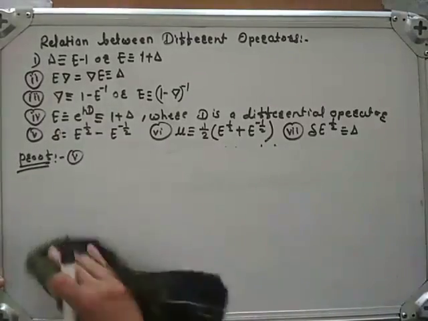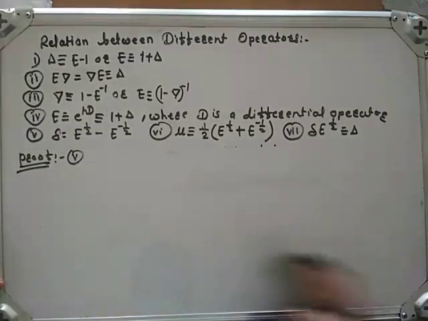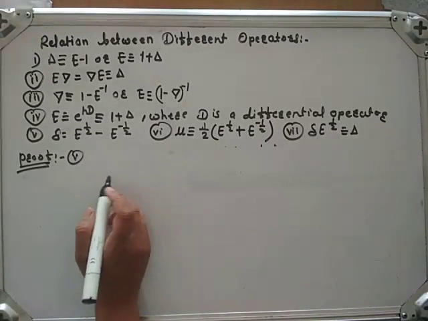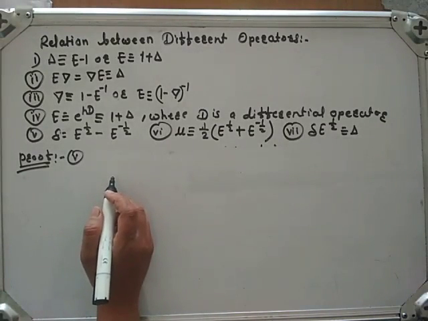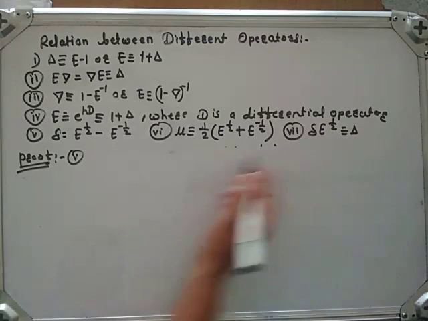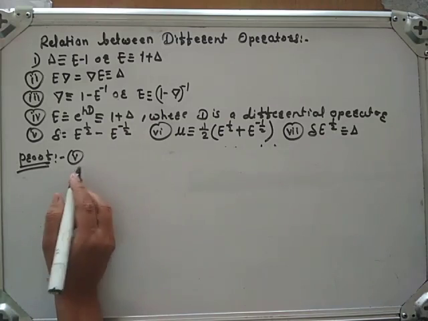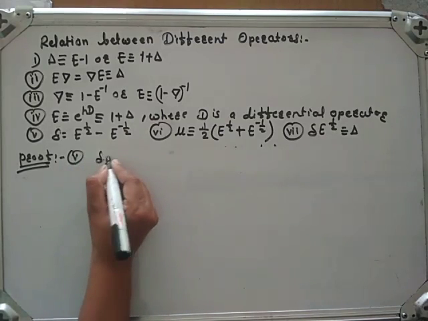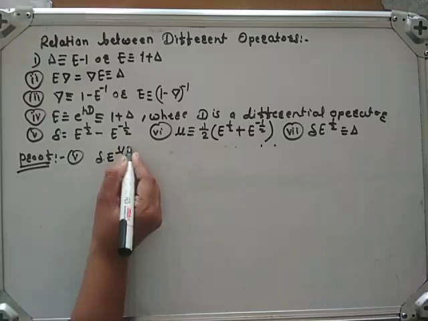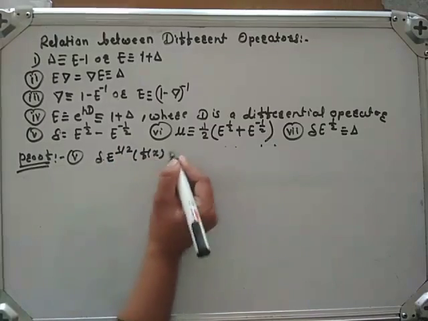Now we will prove relation number 7. In 7, we have to prove that delta of E raised to 1 by 2 is equivalent to delta. Delta of E raised to 1 by 2 of f of x.